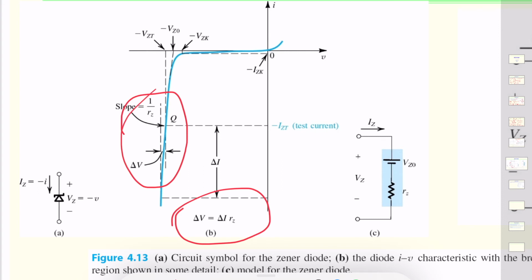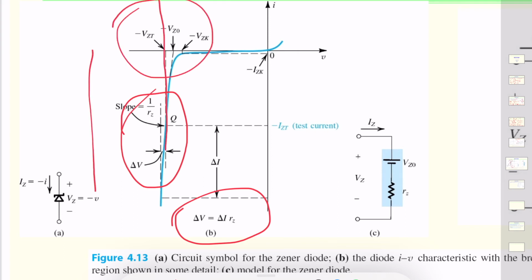It is obvious that the lower the value of RZ, the more constant the Zener voltage will remain as its current varies, and it will be more ideal in its performance as a voltage regulator. The voltage regulator idea is that the current fluctuation is not changing the voltage too much.